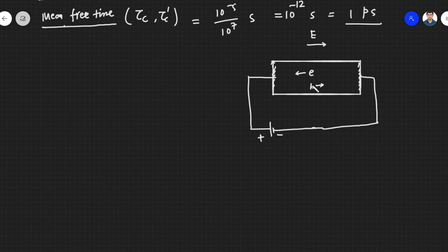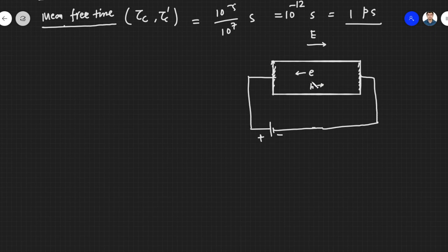Now you can see that there is a net current in this system. This movement is called drift. The carriers are drifting.